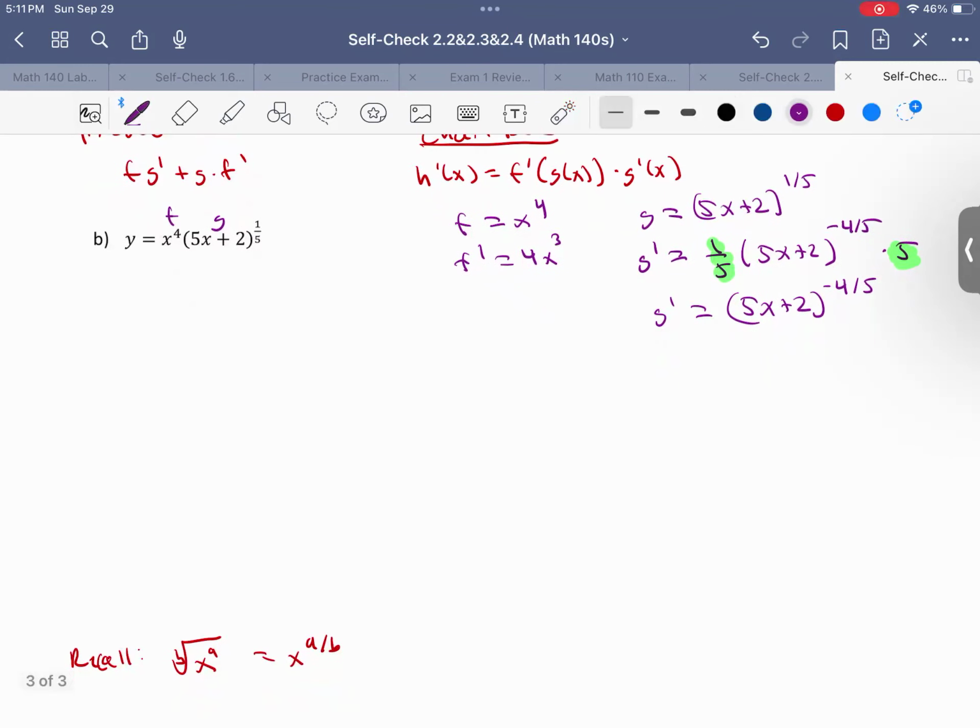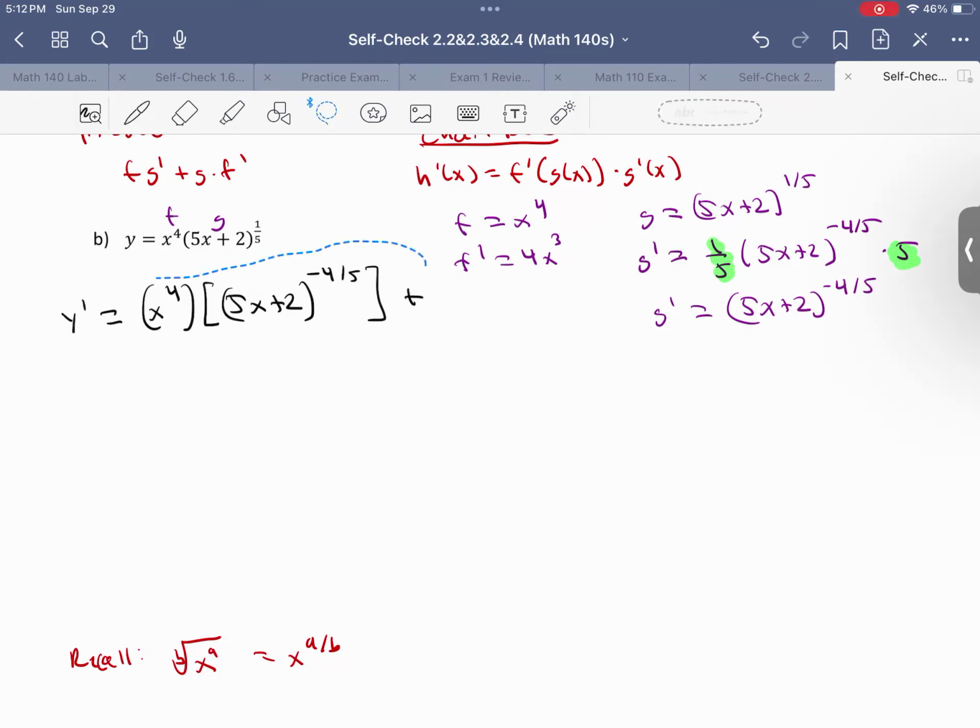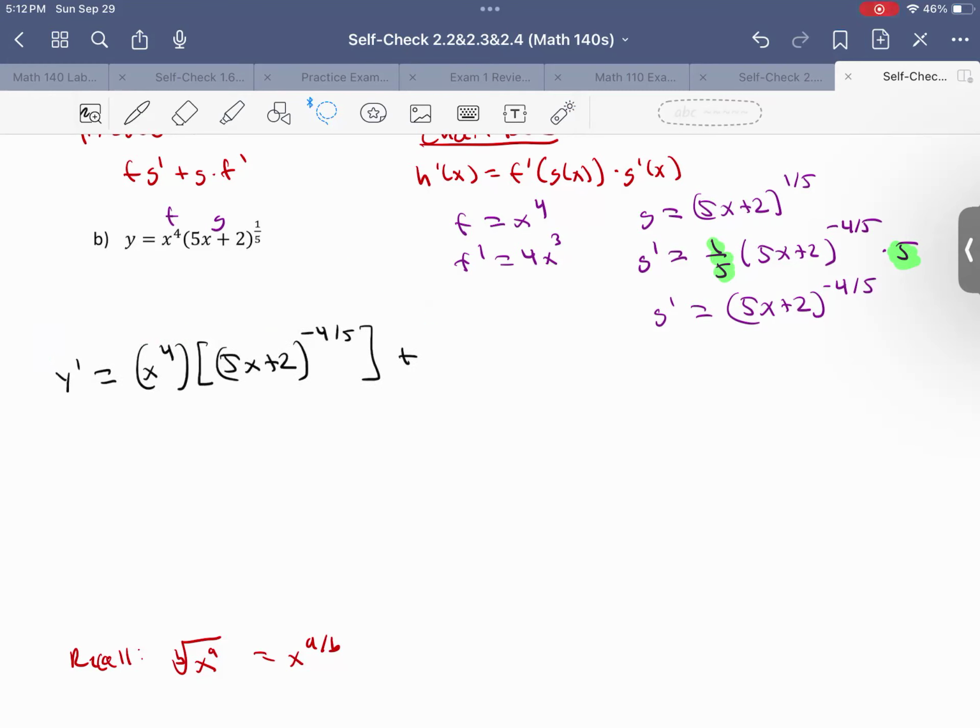So we have y prime equals f, which is x to the fourth, times g prime, which is, I'll put brackets around that, 5x plus 2 to the negative 4/5, plus g, which is 5x plus 2 to the 1/5, times f prime, so 4x cubed.